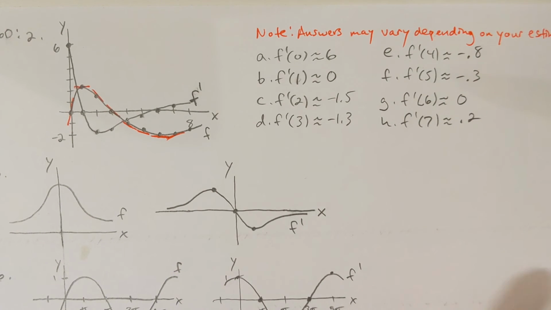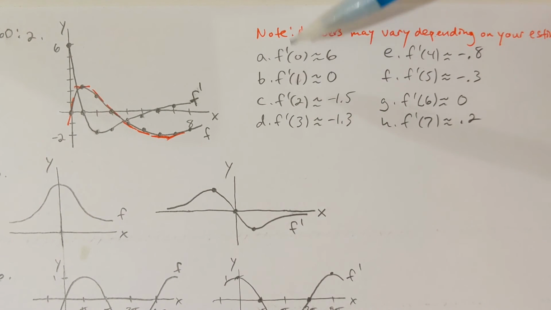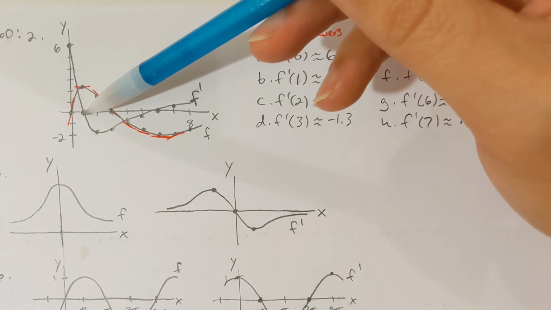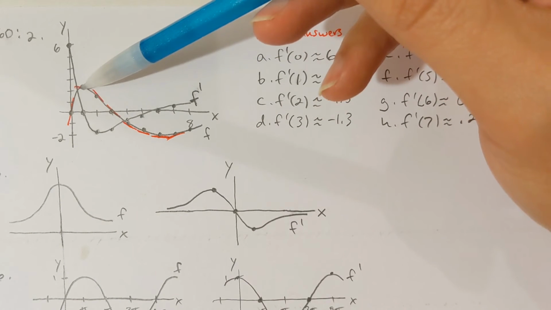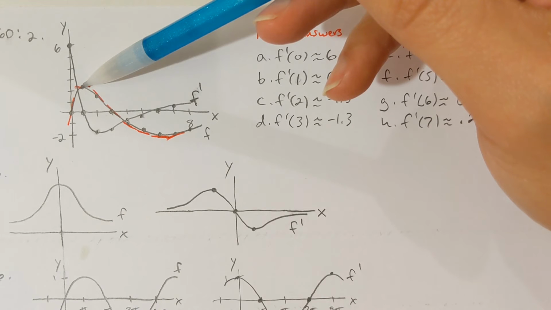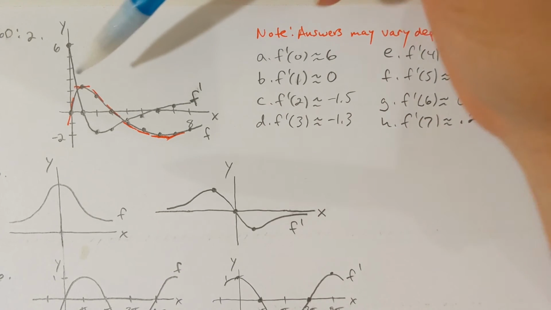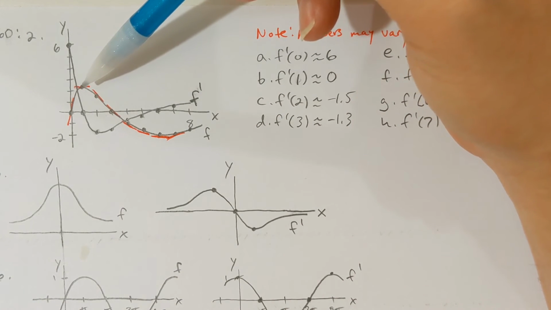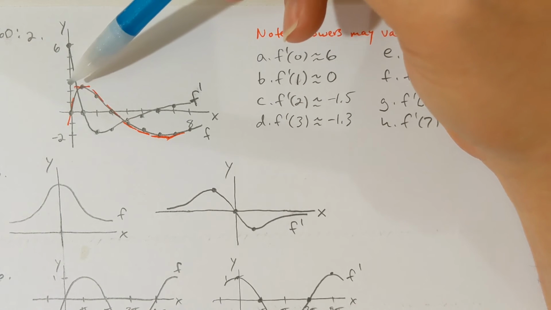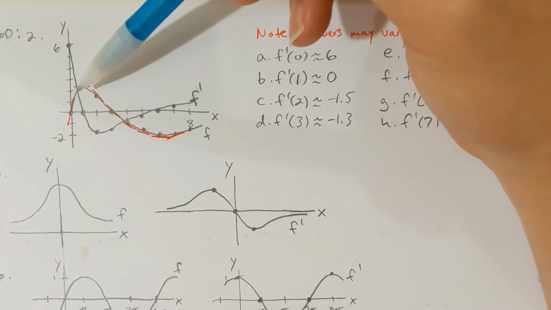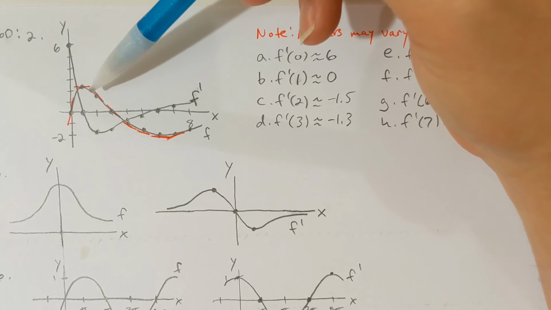Let's go to the next point here, part B. f prime of 1. Well, here, 1 is producing a hill on the graph of f of x. So if I were to draw a tangent line for that graph, it would be a horizontal line. A horizontal line has a slope of 0. Now it appears that it's creating a hill right at 1.